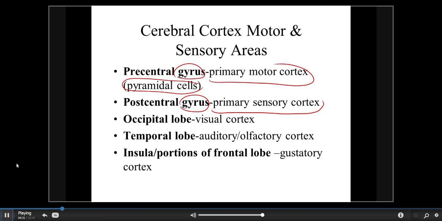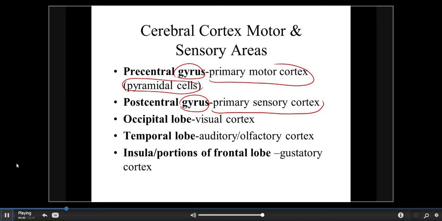It's obviously for motor information, and the pyramidal cells are the primary neurons of the so-called corticospinal tract, and they are aggregated in the area of the precentral gyrus.